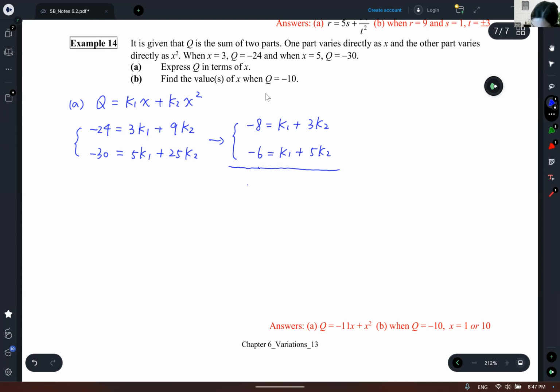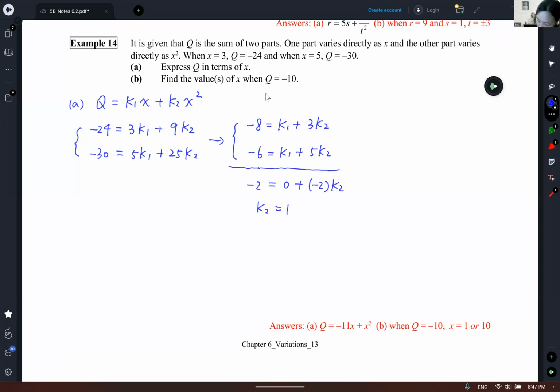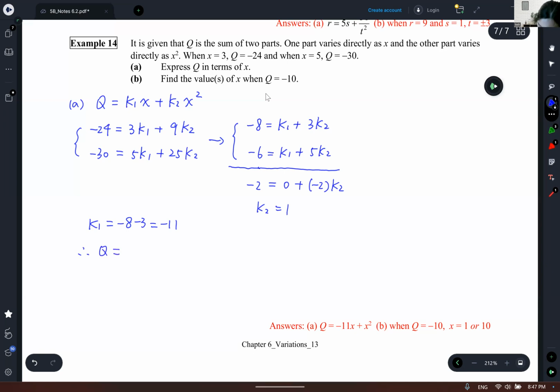This minus this, that's negative 2 equal 0 plus negative 2k2. So k2 equal 1. That's good. And k1 equal negative 8 minus 3, that's negative 11. Therefore, I have q equal negative 11x plus x squared.